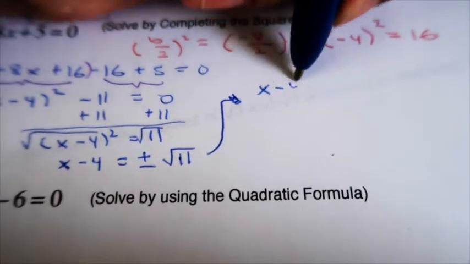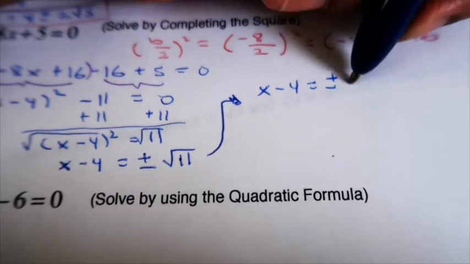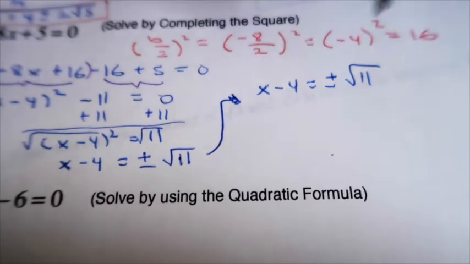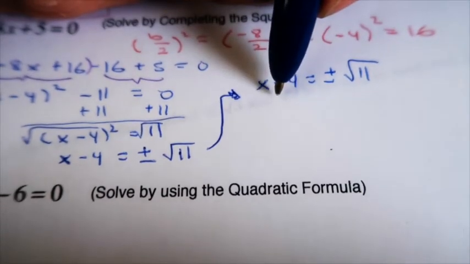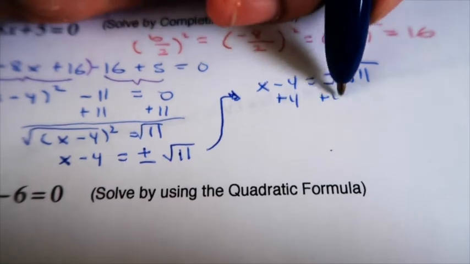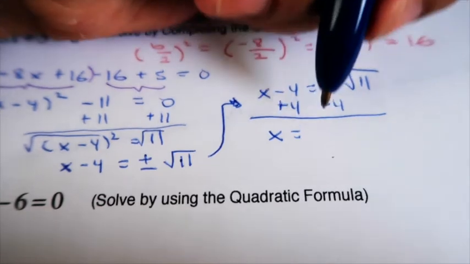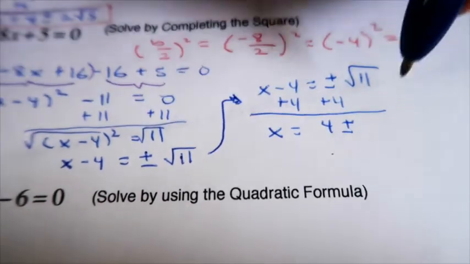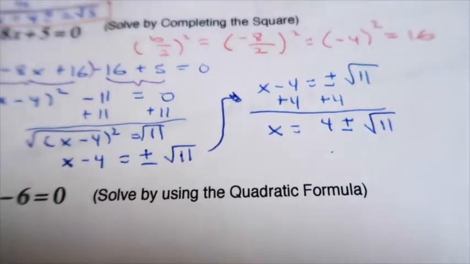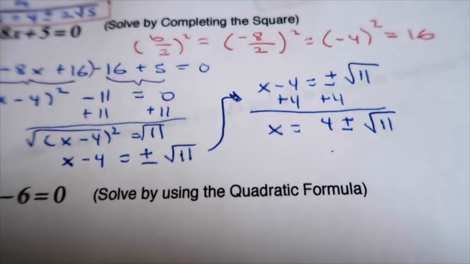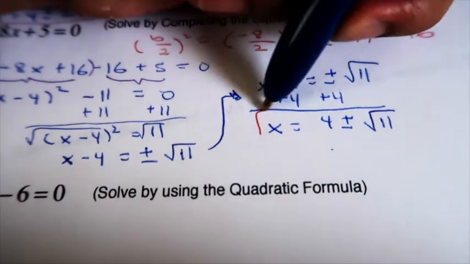We have x − 4 equals plus or minus radical 11. Now we're going to add the 4 to the other side, and we're left with x equals 4 plus or minus the square root of 11, and that would be our final answer in simplest radical form.